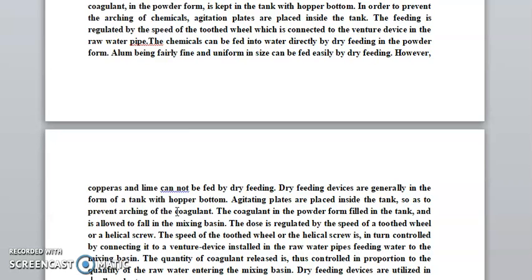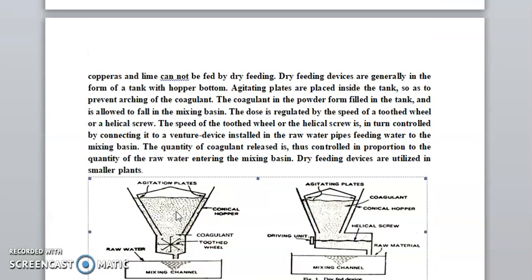The speed of the toothed wheel or helical screw is controlled by connecting the Venturi device installed in the raw water pipe feeding the water to the mixing basin. The quantity of coagulant released is thus controlled in proportion to the quantity of raw water entering the mixing basin. Dry feeding devices are utilized in smaller tanks.